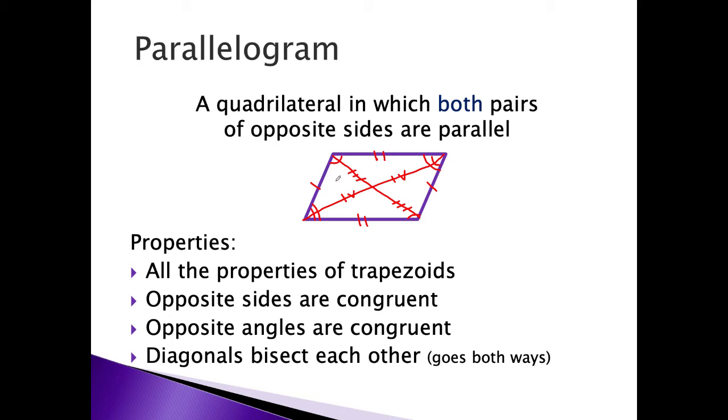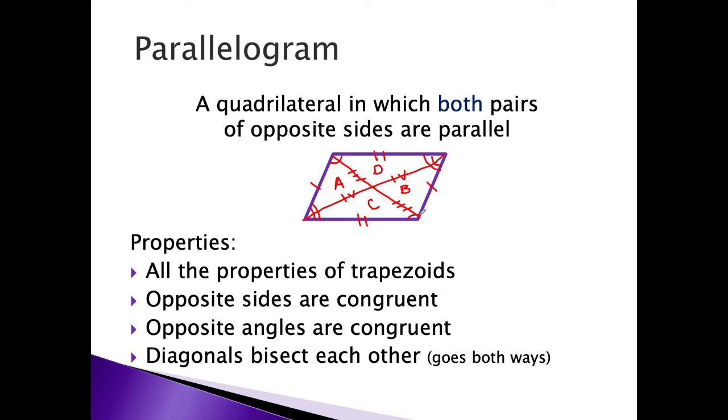So now we know that triangle A is congruent to triangle B, and that triangle C is congruent to triangle D. The other thing we know is that if the diagonals are bisected, then we know it's a parallelogram. It goes both ways. If the diagonals are bisected, it's a parallelogram. If it's a parallelogram, the diagonals are bisected.